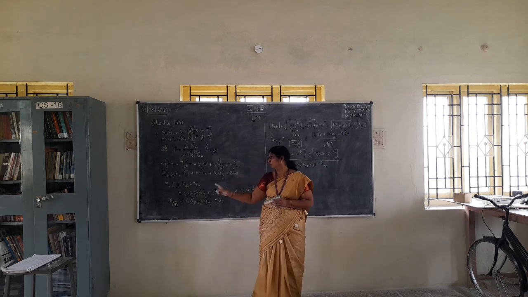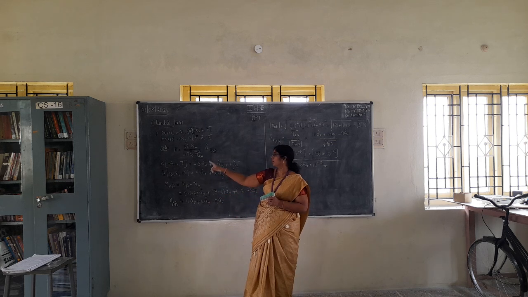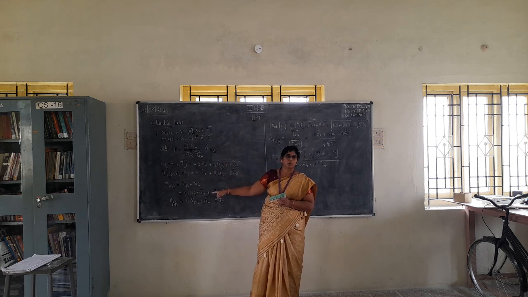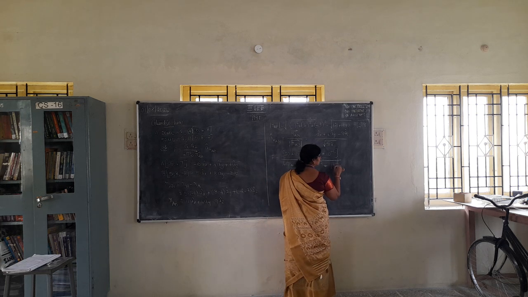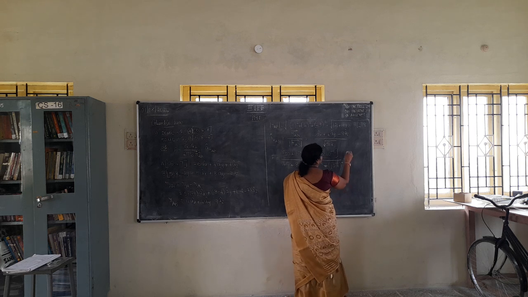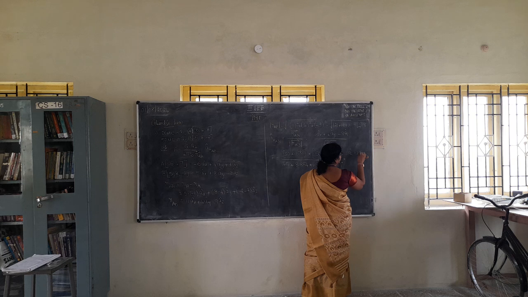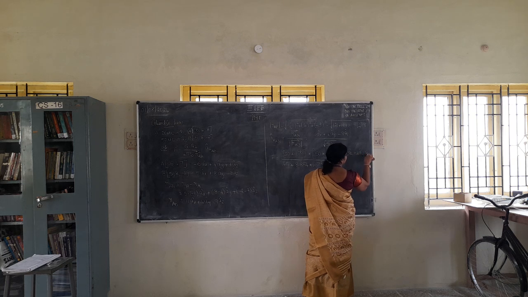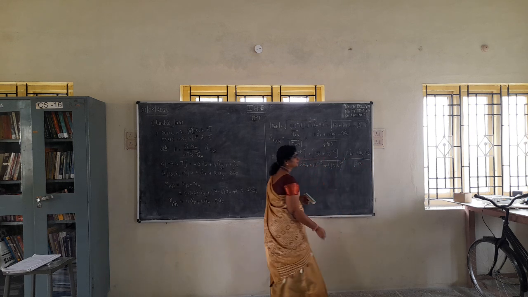The magnitude value is root of 218 the whole square, into 11 ax vector plus 4 ay vector minus 9 az vector divided by root of 218.